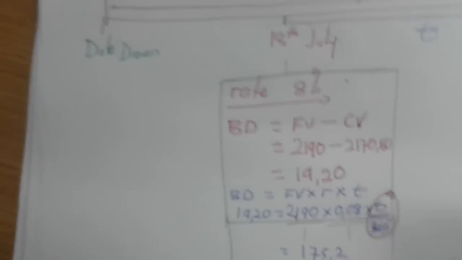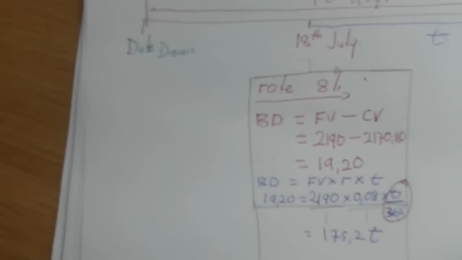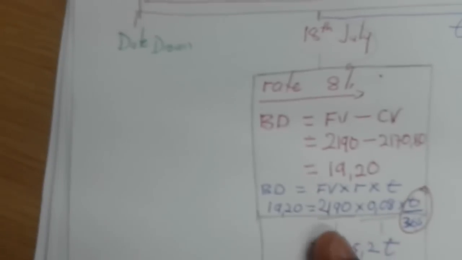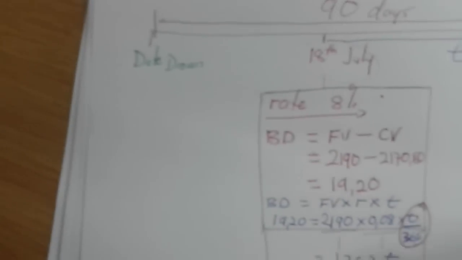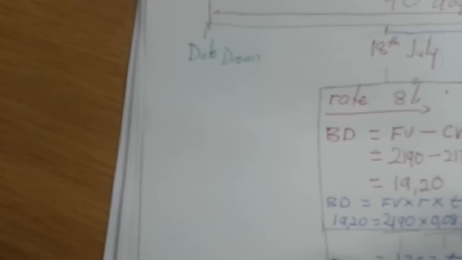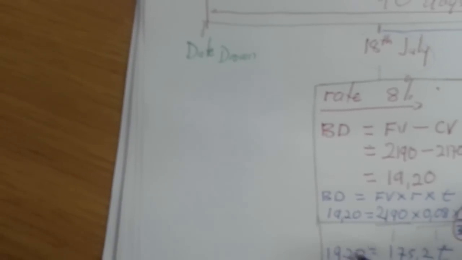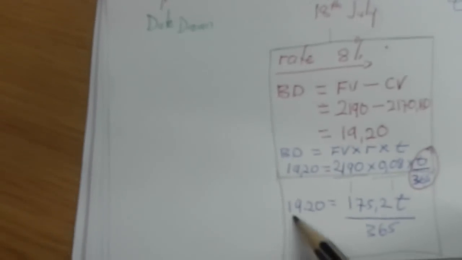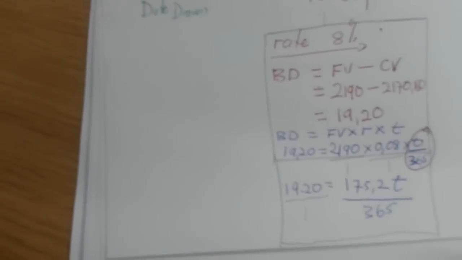Of course, it's times T, so the T comes back. Then divided by 1 times 365, right? Then this is equal to 1920. As you know, again, that is the same as over 1, right? It's just the same thing.